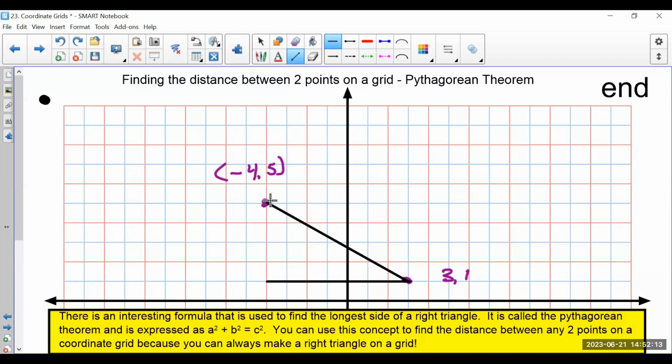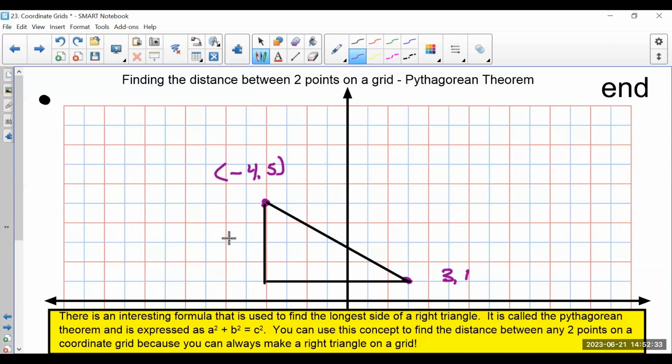We also know it's longer than it is tall, which is 1, 2, 3, 4. So we know it's longer than 7 and longer than 4. So it's longer than the difference between the y's and the difference between the x's, but we don't know the exact length.